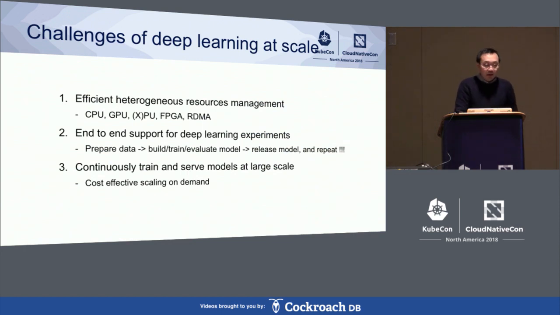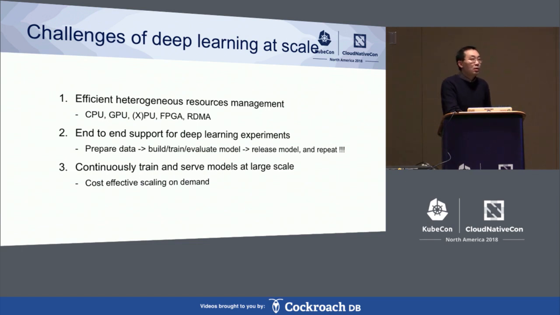Secondly, as I just mentioned, it's an end-to-end lifecycle deep learning experiment. We need to provide a full lifecycle solution to help prepare data, prepare your model, train your model, and then release your model online, right? And just like an experiment, all the experiment history should be recorded, persisted, and you can search it, look for it, and repeat it again.